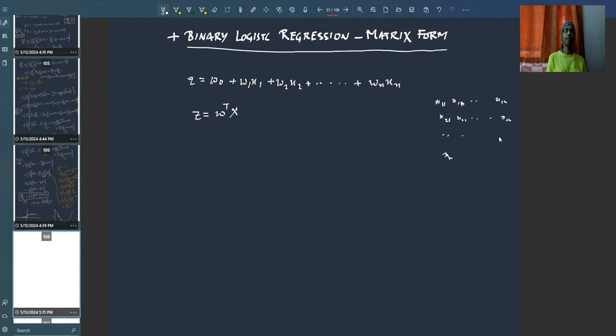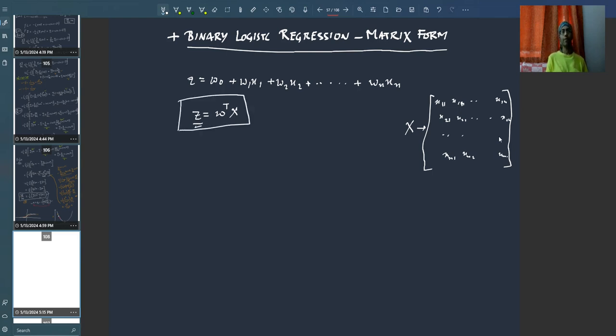Let's say there are m data points, xm1, xm2, xmn. This is the matrix which we are denoting as X. And W is basically the vector of W0 till Wn. Z here is the vector of the small z's. This was a small z, let's say this is a capital Z. Okay, so this is the equation.